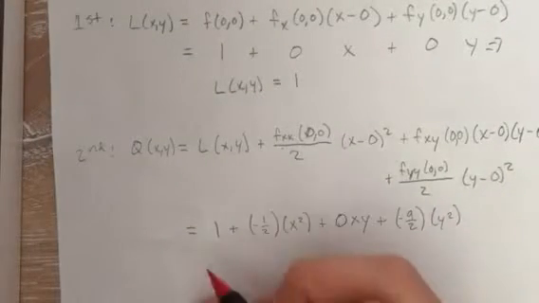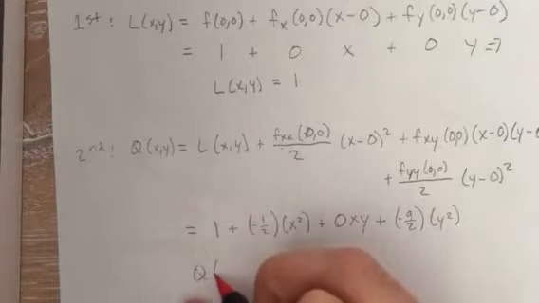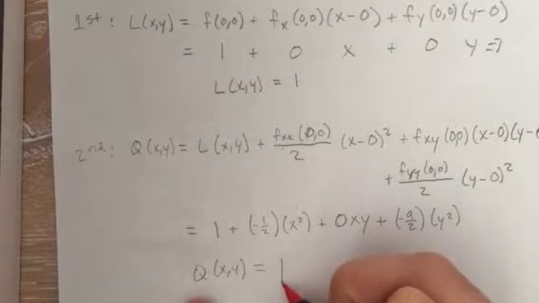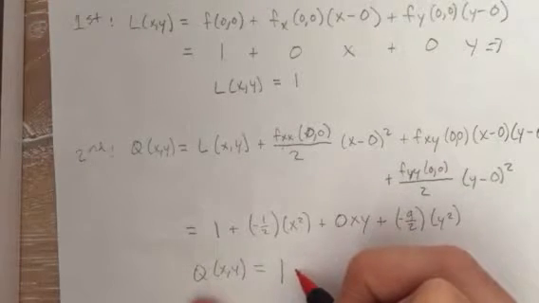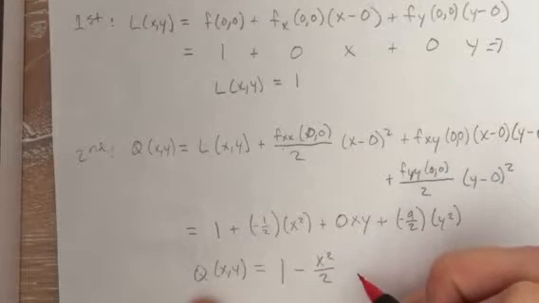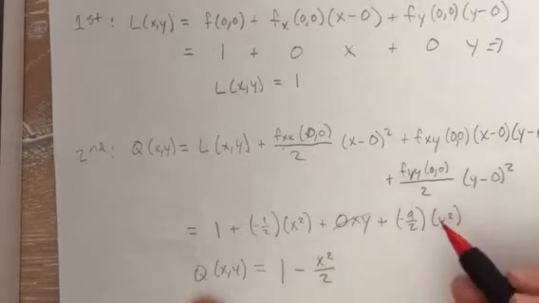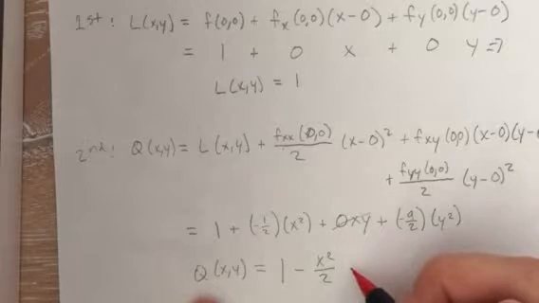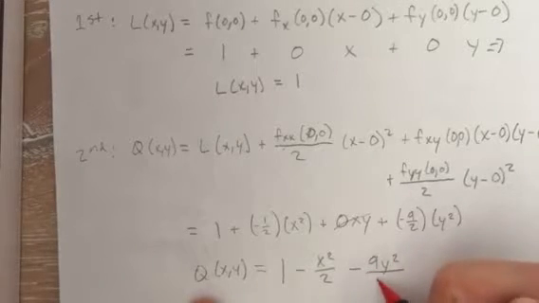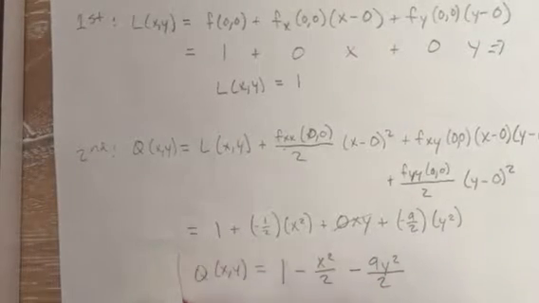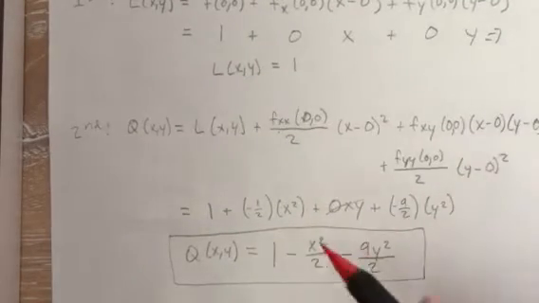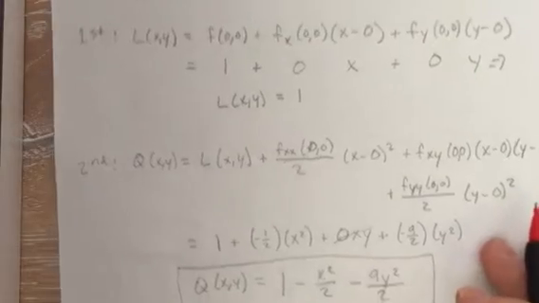So just to simplify this a little bit, you are going to get q xy is equal to 1 right here, and then minus an x squared over 2. This goes away, and then you get to transfer this negative, which becomes a negative 9y squared over 2. So here is my answer for my second degree Taylor polynomial.